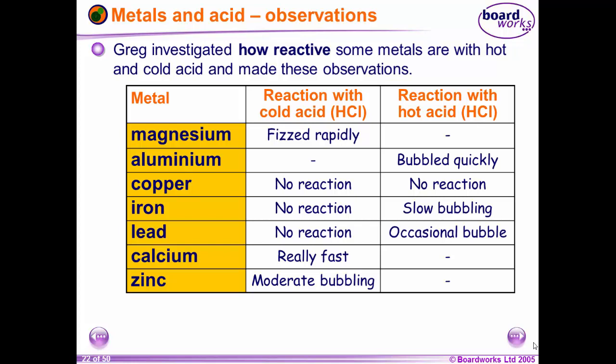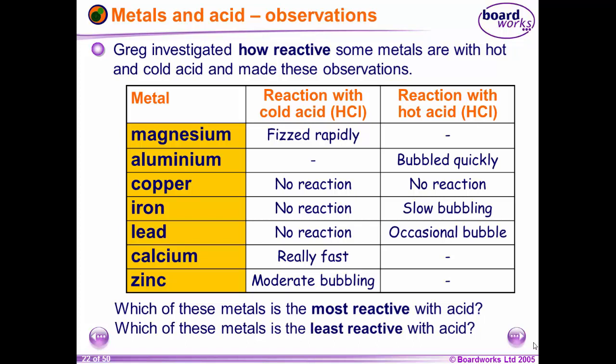Copper, no reaction in the hot or the cold acid. Iron, no reaction in cold acid, but a little bit of bubbling in the hot acid. The lead, no reaction in the cold acid, and the odd bubble with the hot acid. Calcium was very reactive in the hot acid, and there was a moderate bubbling of the zinc in the hot acid.